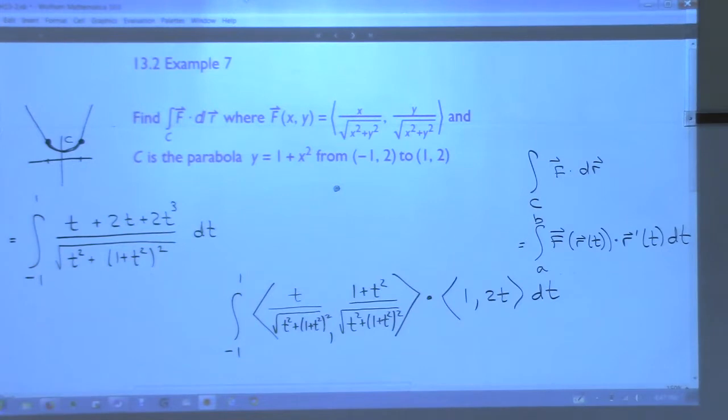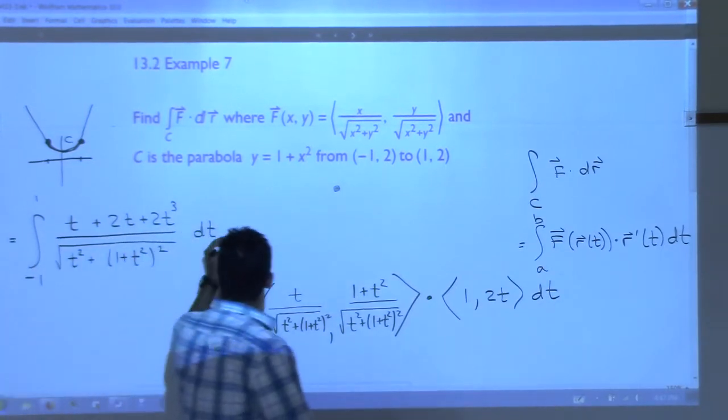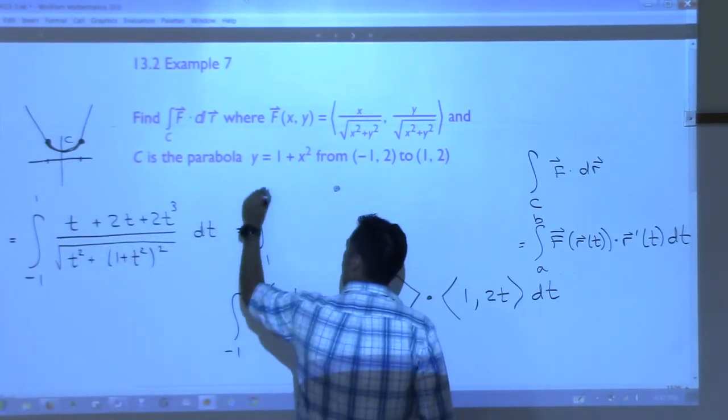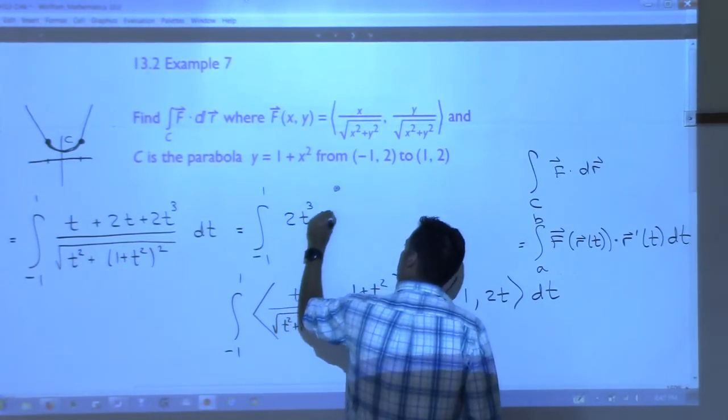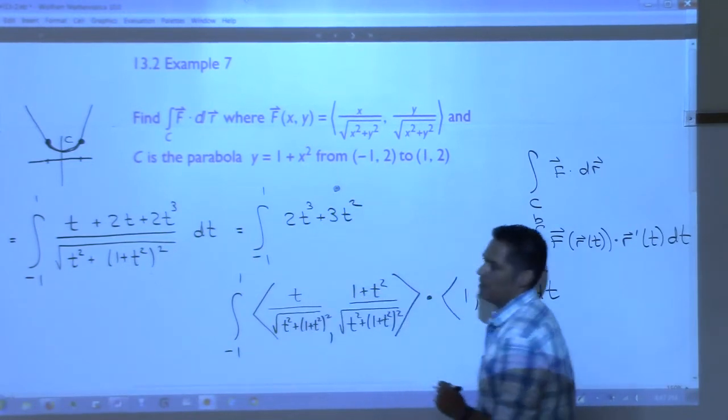Give you a moment to look at that while I get my charger. That doesn't look like something you want to integrate, does it? At least not initially, right? Maybe it cleans up. I'm hopeful. Negative 1 to 1, 2t cubed plus 3t squared. You all right? That's the numerator?